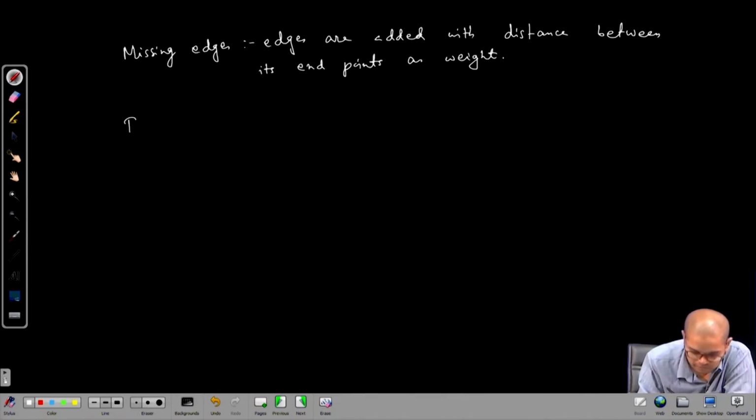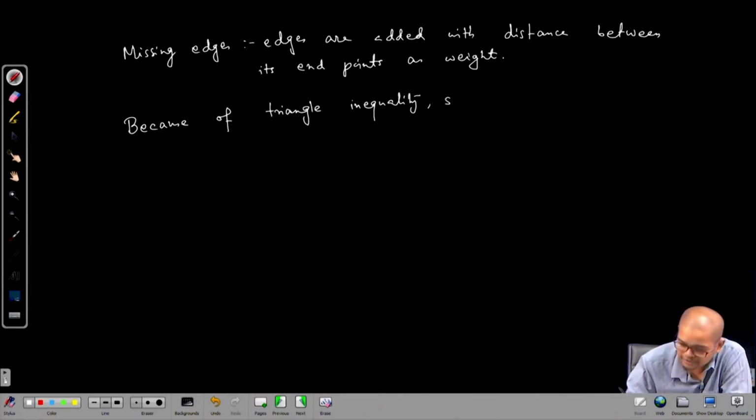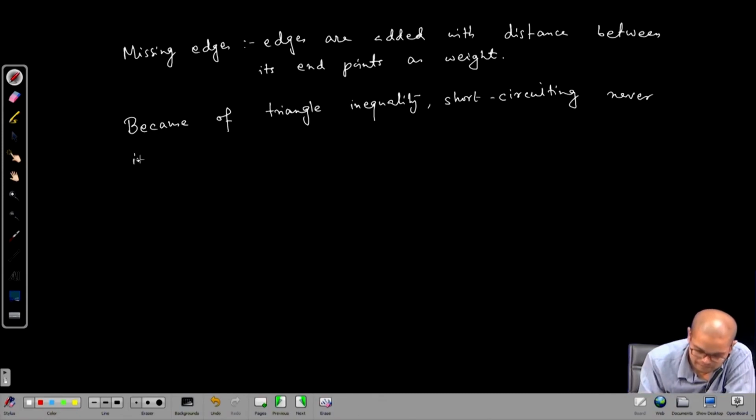Because of metric property, or because of triangle inequality, short circuiting never increases the cost of the tour. Cost is sum of weights of the edges.